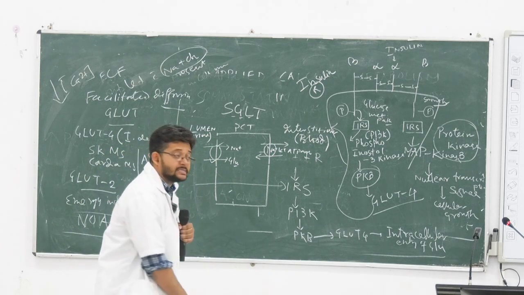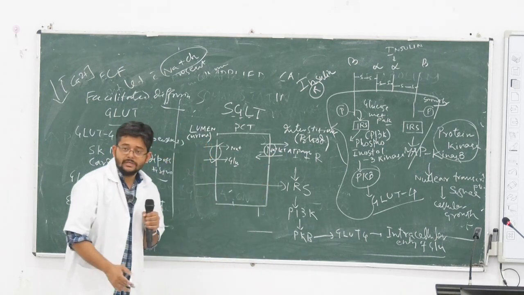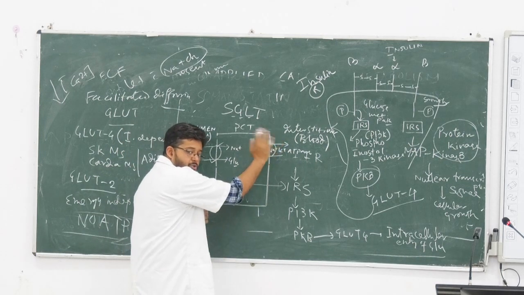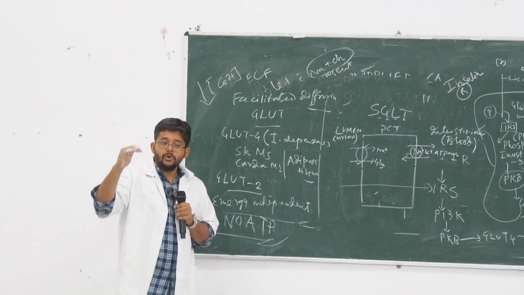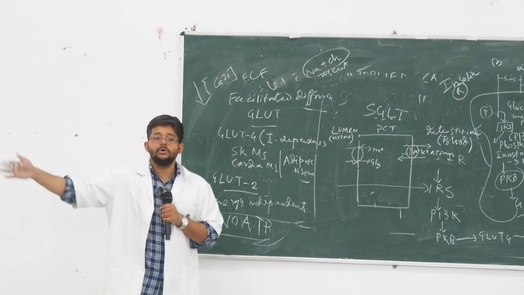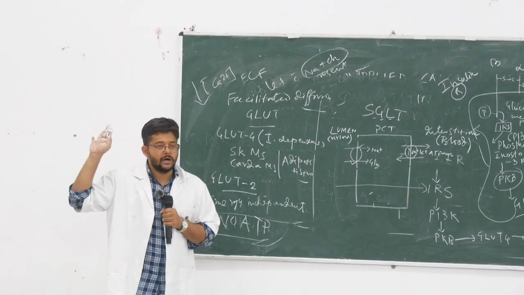So this way it's a secondary active transport. There is a motor running on this side, the basolateral membrane. It is creating the sodium gradient by kicking sodium out with the help of ATP breakdown.